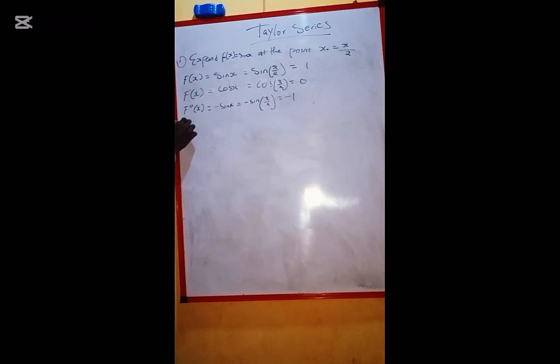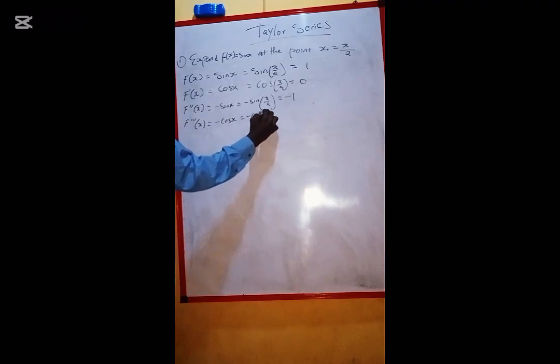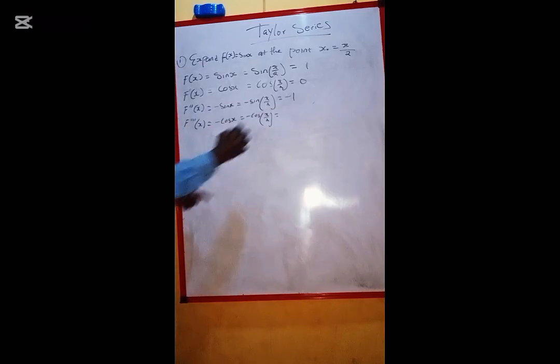Therefore the third derivative is minus cos x, which equals minus cos of pi over 2, equals minus cos 90, which is 0.